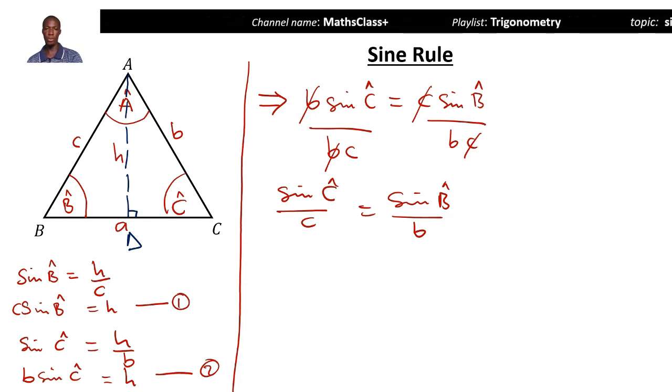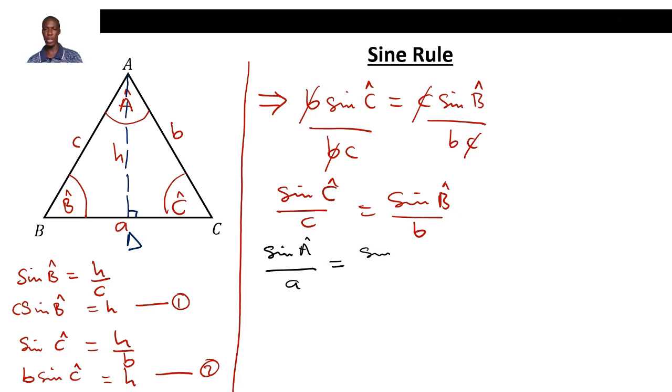So the sine rule applies to all the sides and their opposite angles. That is to say, if I have sine A over A, the ratio should be the same as sine B over B, and which is also the same as sine C over C. The reverse is also true.